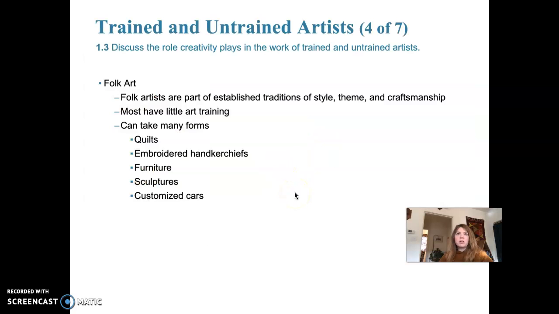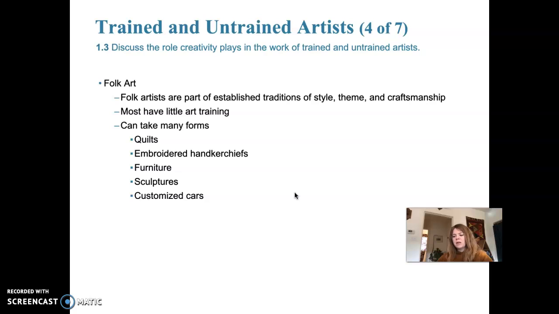So outsider artists are among the untrained. Another type of untrained artist is a folk artist, and they are part of an established tradition of style, theme, and craftsmanship. They have little training. So they differ from outsider artists because they have an established style that they're kind of hearkening back to some sort of tradition, like enthusiasm and devotion to some sort of tradition.